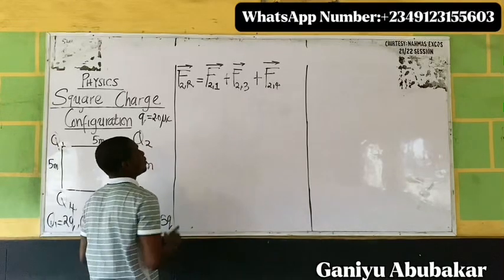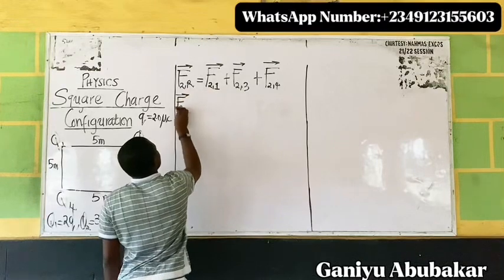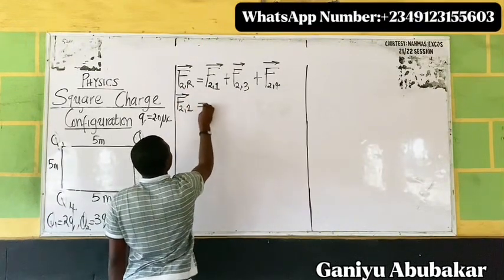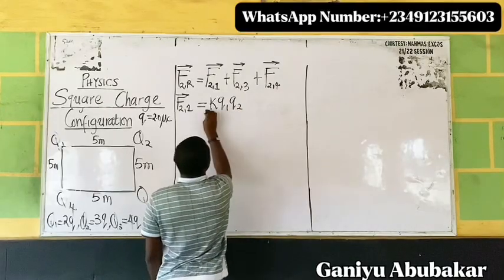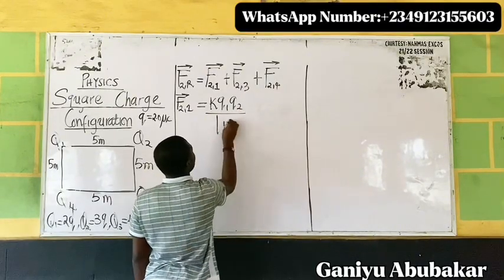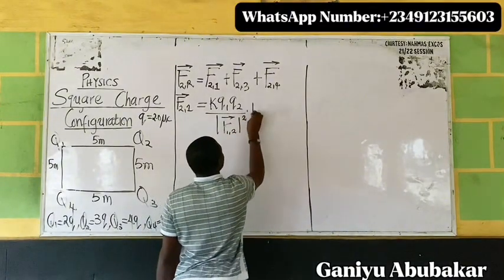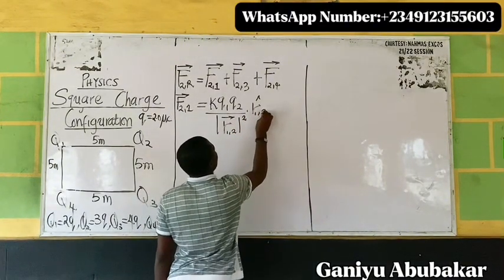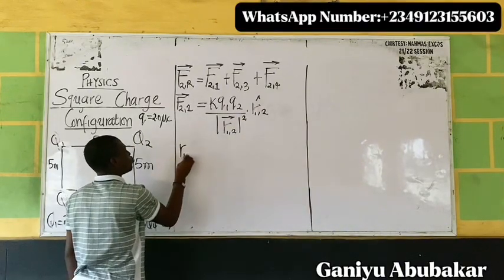F21 is equal to K Q1 Q2 all over R12 all squared, dot unit vector of R12. Get this one first, so let's get R12.